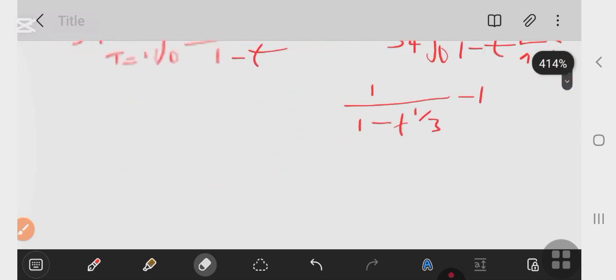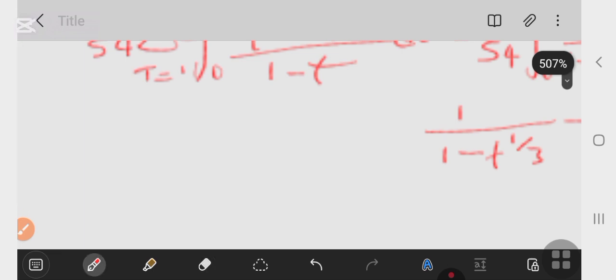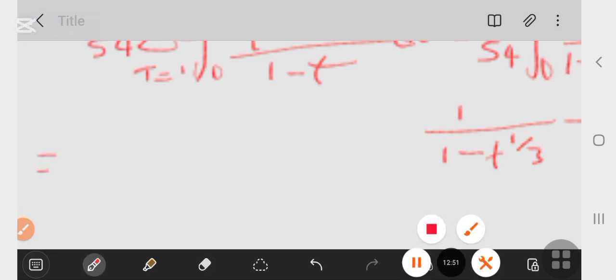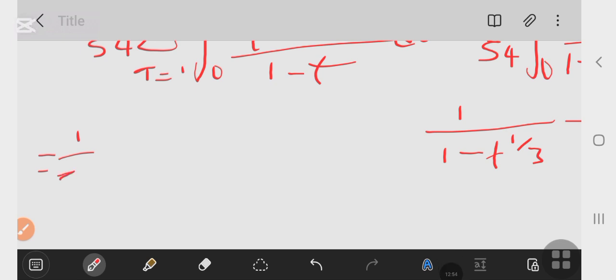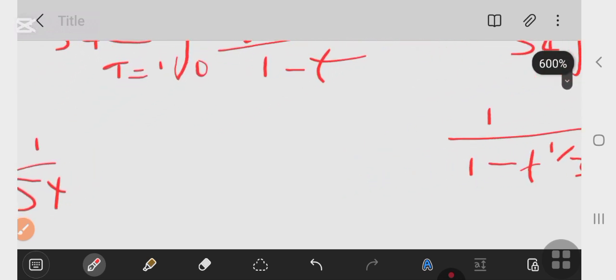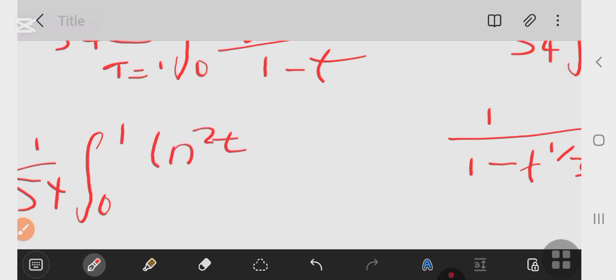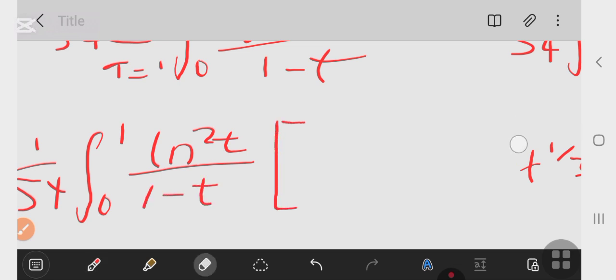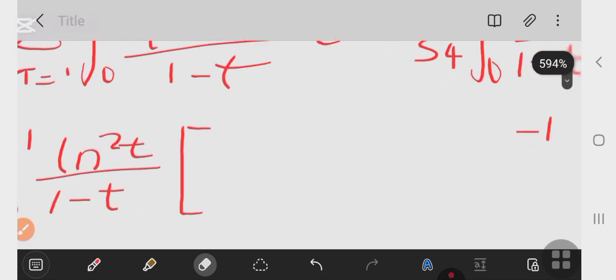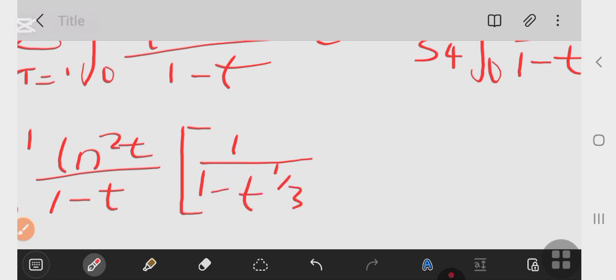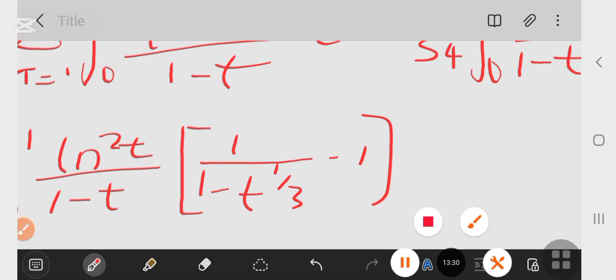So my integral will now take the form 1 over 54 multiplying the integral from 0 to 1 of ln square t all over 1 minus t, then multiplying what the sum gave us, which is 1 over 1 minus t raised to the power 1 over 3, minus 1, dt.